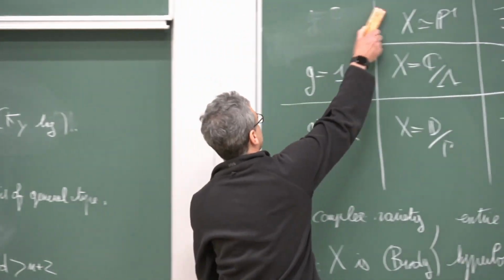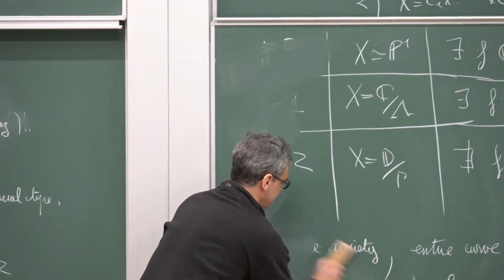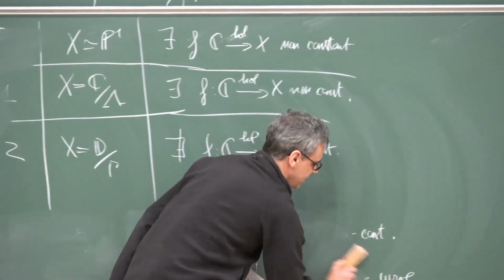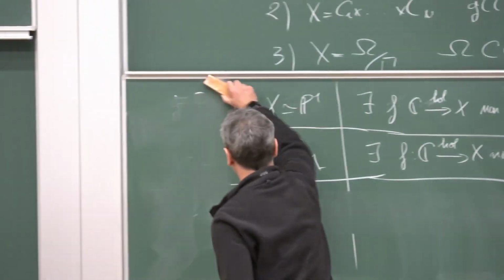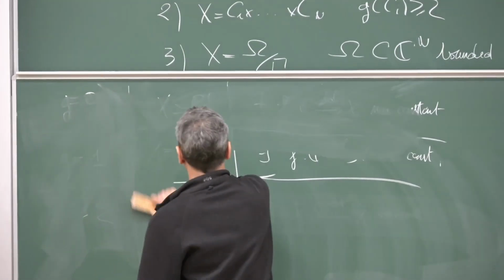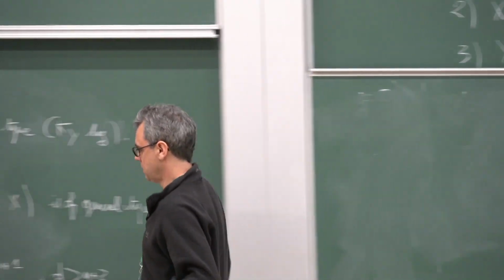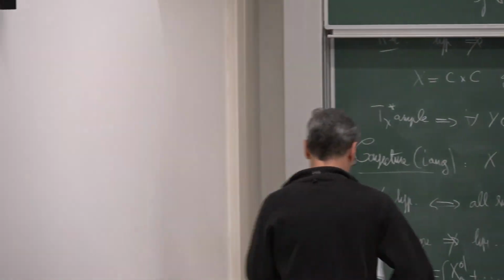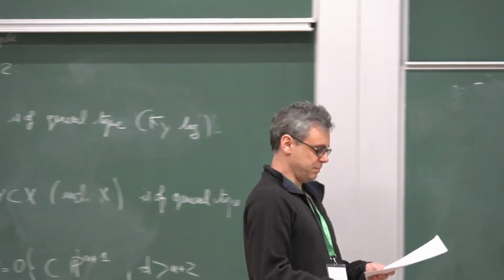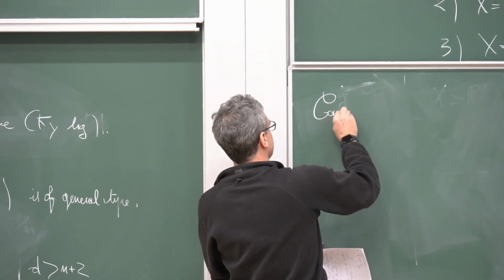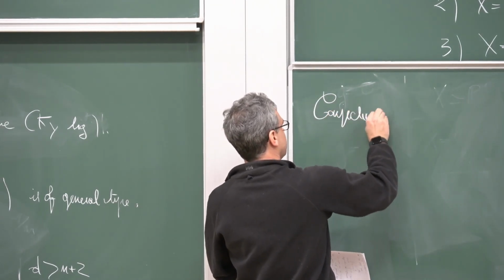So the other big conjecture of the field is the so-called Green-Griffiths-Lang conjecture. So all these conjectures are widely open and are a very leading motivation.